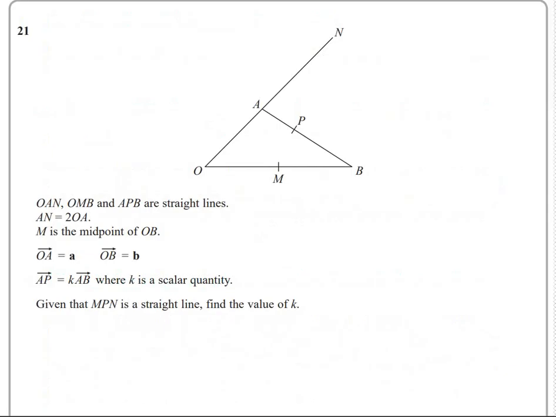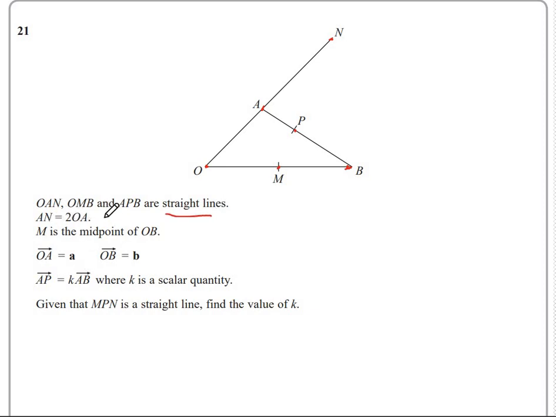So we have OAN. Where's OAN? OAN is here. OMB, and APB are straight lines. AN equals 2OA.